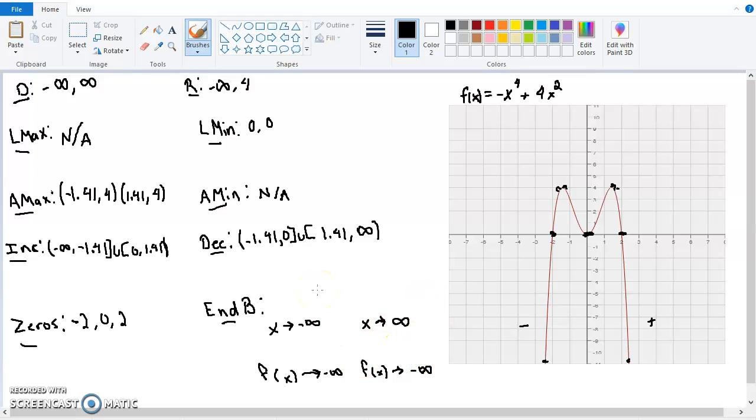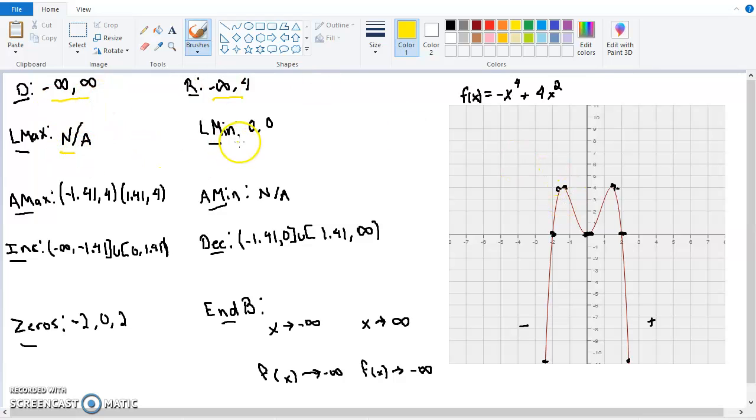So this is your domain. Remember, your domain is from where it starts to where it ends, so it's negative infinity to positive infinity. Your range is negative infinity to positive 4, because that's where it starts, and its highest point is 4. You don't have a local max since it doesn't continue increasing.